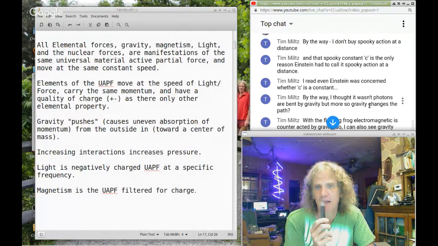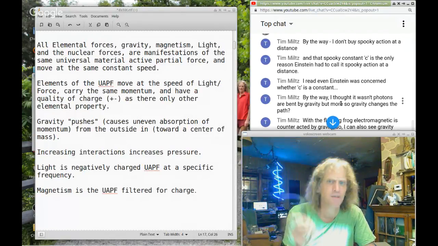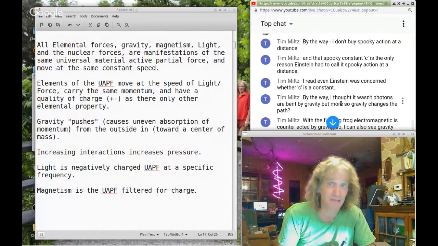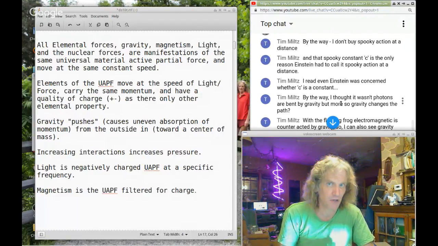By the way, I thought it wasn't that photons are bent by gravity, but more so that gravity changes the path. I don't know how you don't understand that the path has to be changed by something. And whatever that something is, obviously I would argue it's impossible because guess what? You can't change the number of photons hitting it, right?